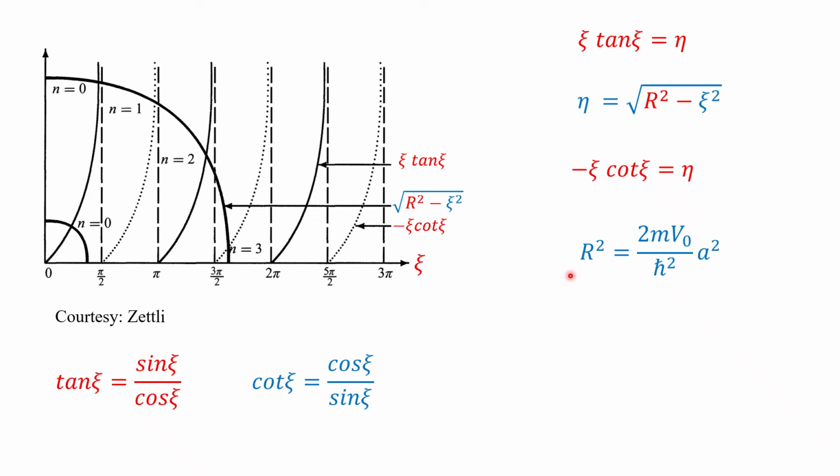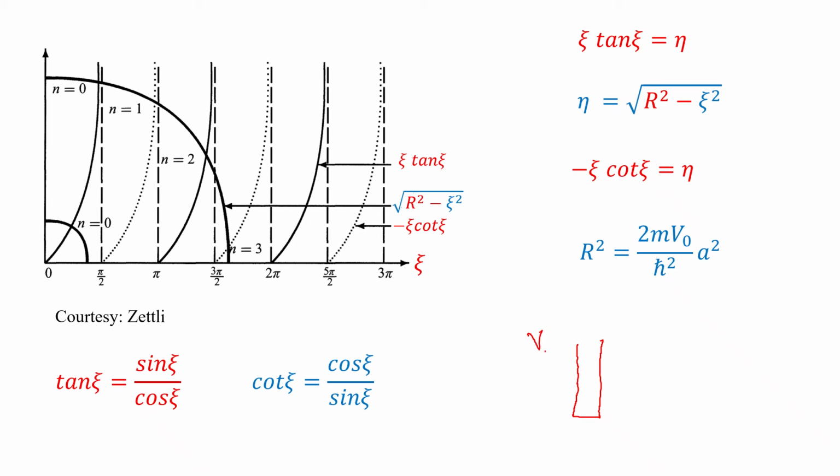When the box length increases, the radius will increase. Also when V naught increases, this radius increases. So what will happen if you have a higher depth, where the potential is very high?